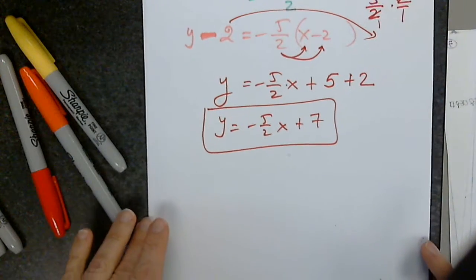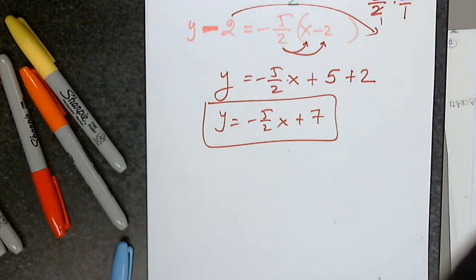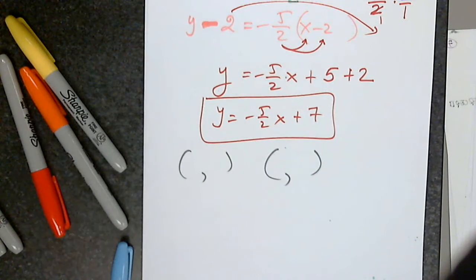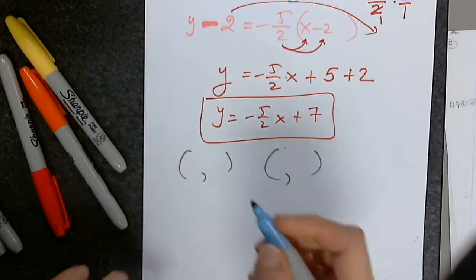Good. Any questions here? So let's make up 2 other points. No y-intercept. So give me 2 other points so we can do this again. And then we'll talk about parallel and perpendicular lines. 5, 2.